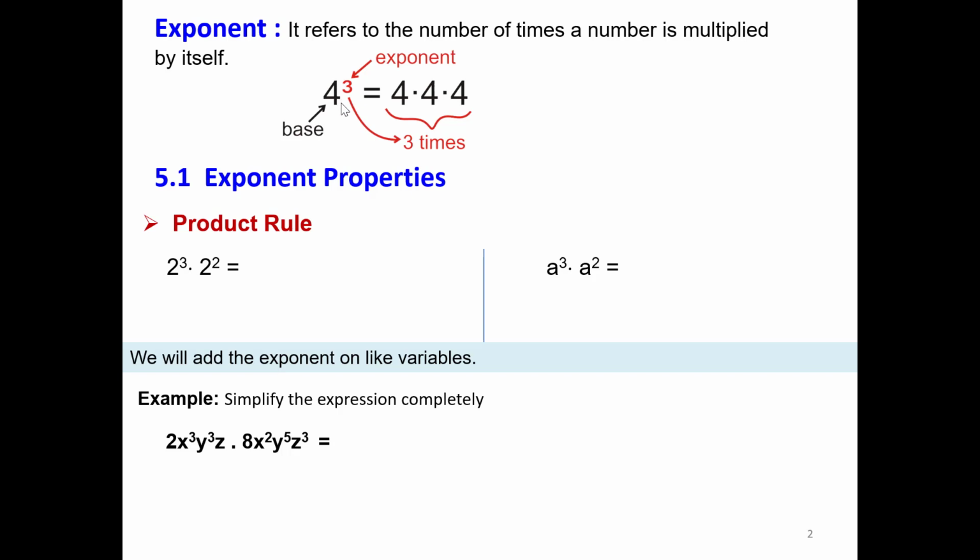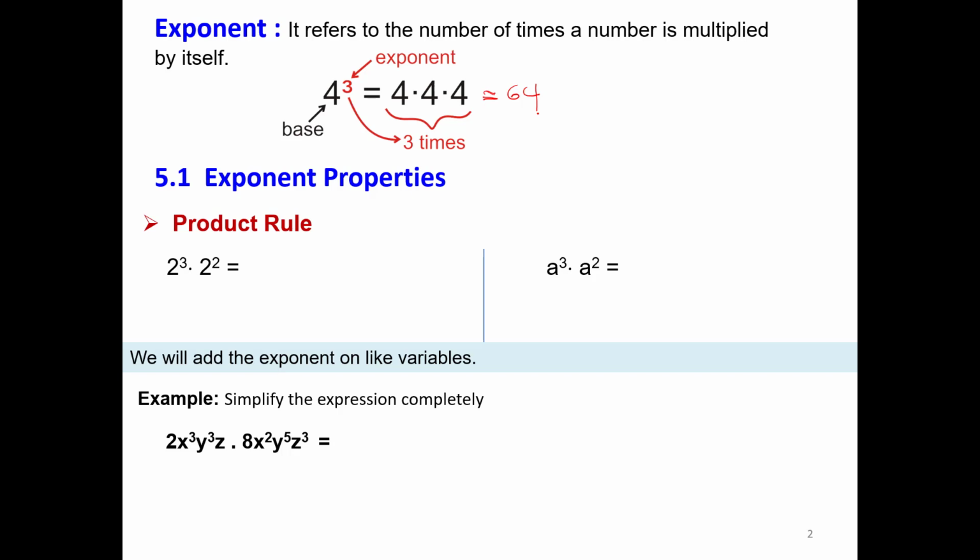And this 3 means we need to multiply 4 three times, as 4 to the third equals 4 times 4 times 4, and we know this equals 64. We need to be careful because 4 to the third is not 12; it equals 64, because 4 to the third equals 4 times 4 times 4.